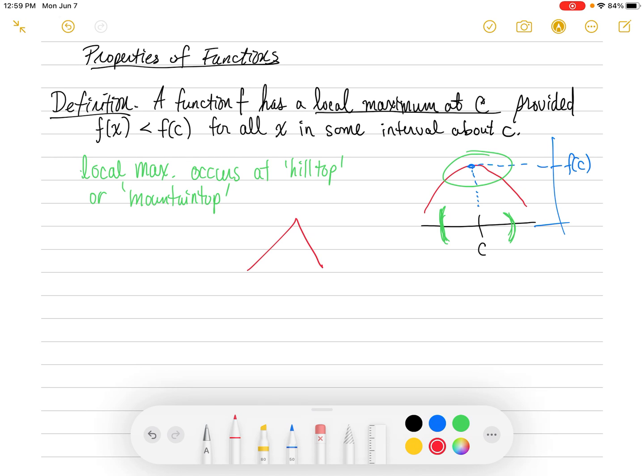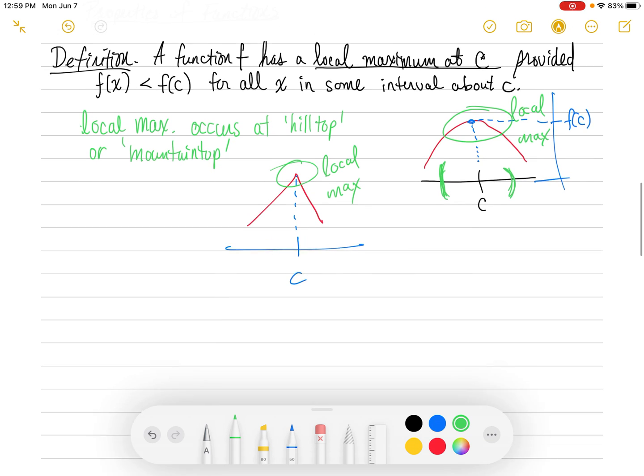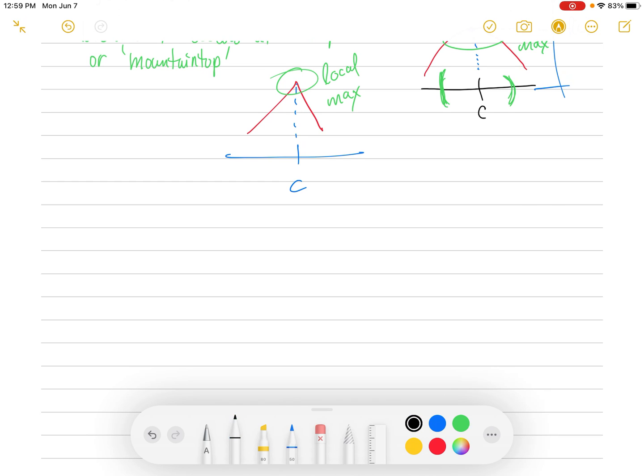So you may also see something like this. And down here you'd have c. Or you'd have a local max here. There'd be a local max there. This one would have had a local max as well. They're like mountaintops, hilltops, you have local maxes. Okay, so that's a local max.